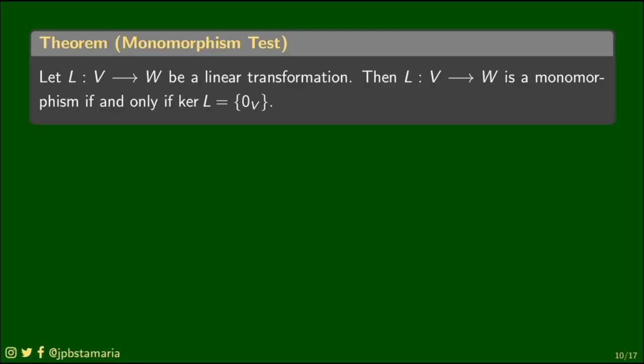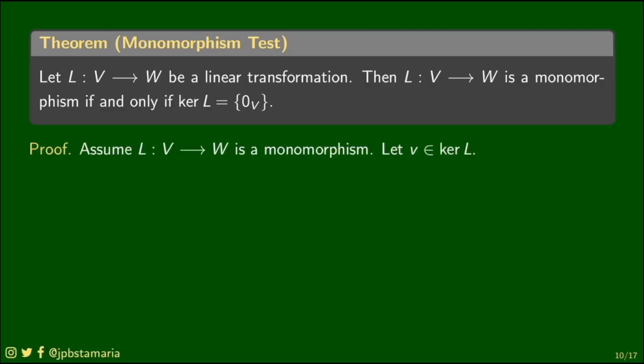Now this condition means that the only thing sent to the 0 in W is the 0 in V, and nothing more than that. If you were able to show that the kernel only has one point in it, then that proves that L is one-to-one, or L is a monomorphism for that matter.